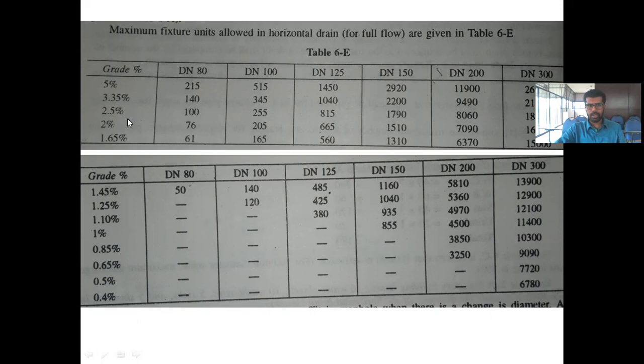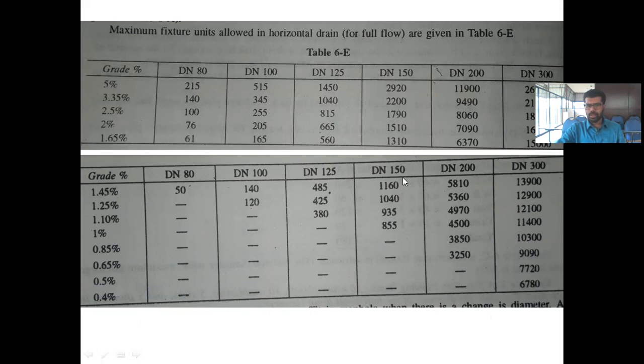These are the different grades. A grade of 5 means the slope is very large, so don't go for that. Come to a lesser slope. You can take a slope of 1.25, or a slope of 1.45.